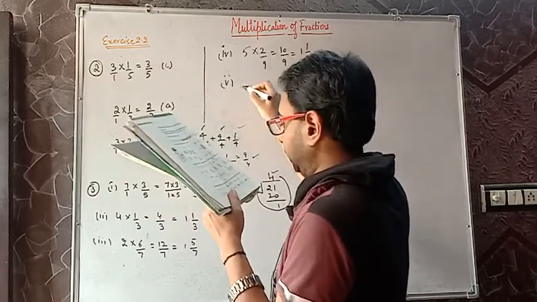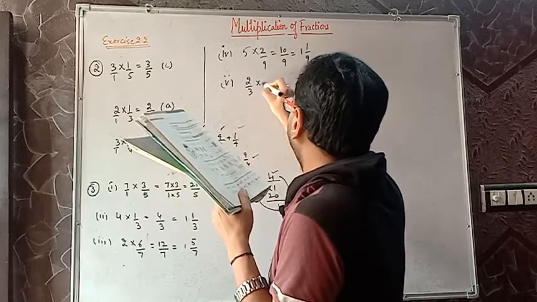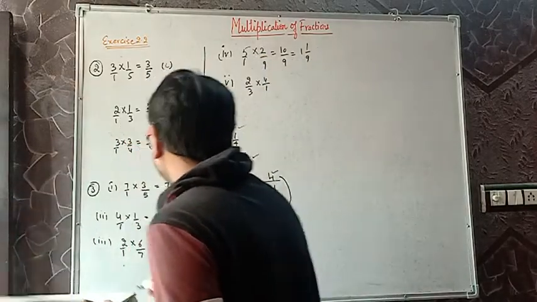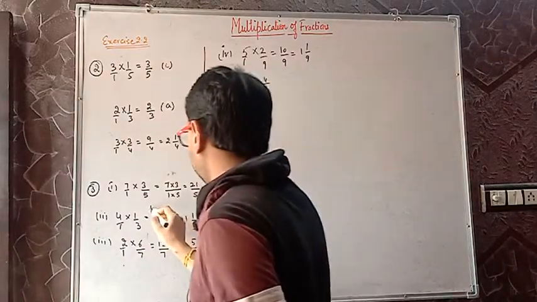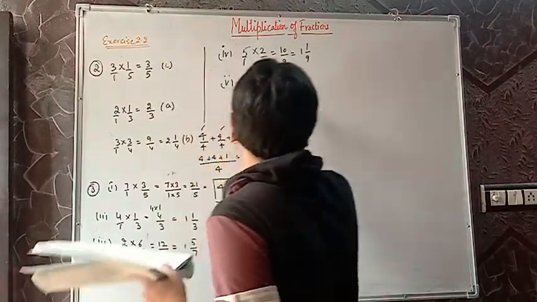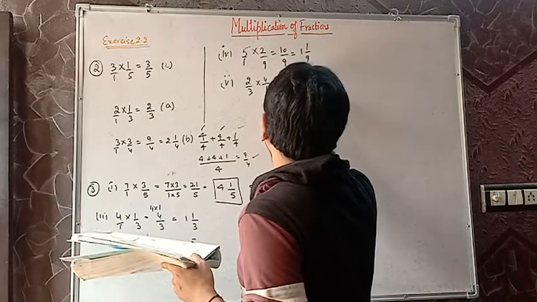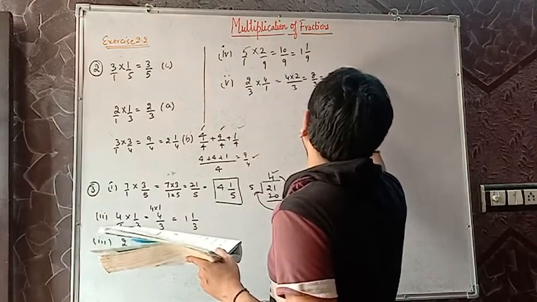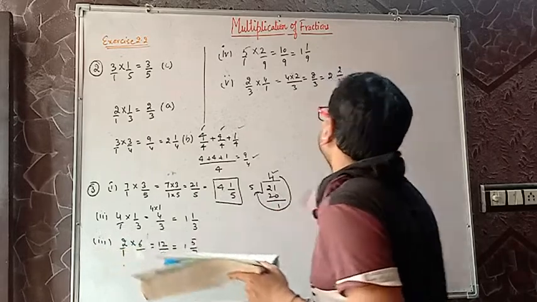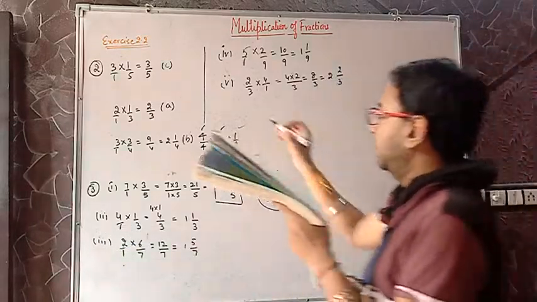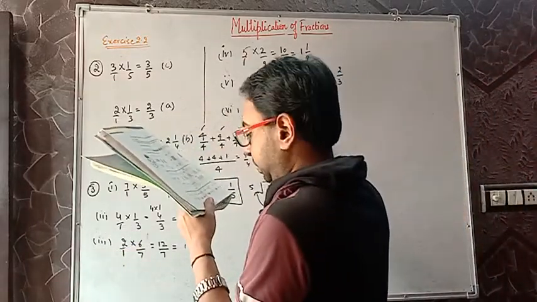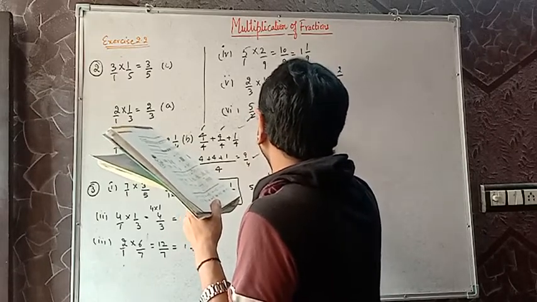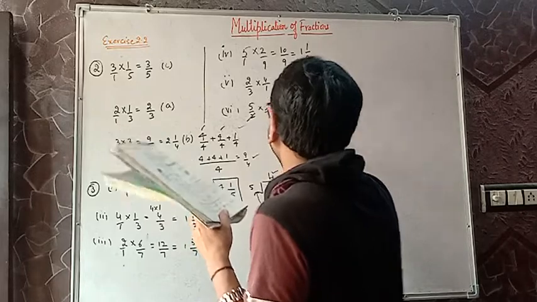Fifth part, 2 by 3 into 4 upon 1. You can put 1 if it's required, otherwise you can do directly also. So 4 into 2 by 3, that is 8 by 3, that is 2 2 by 3. Clear?